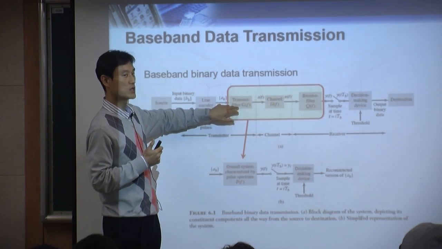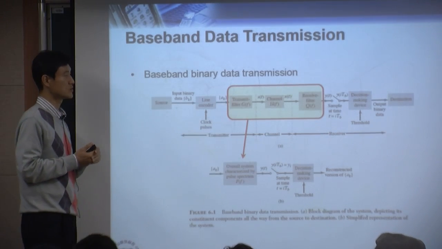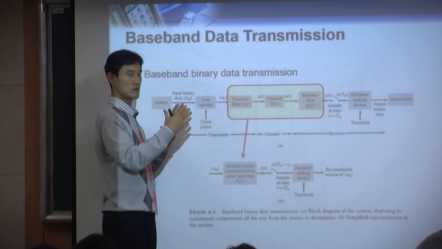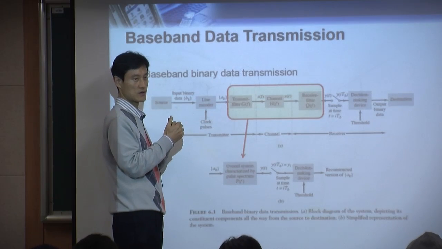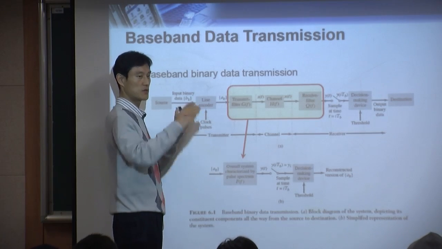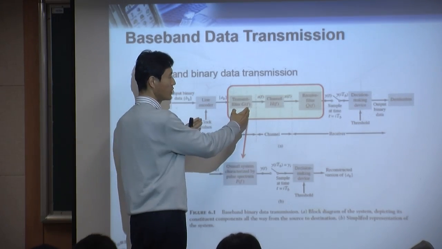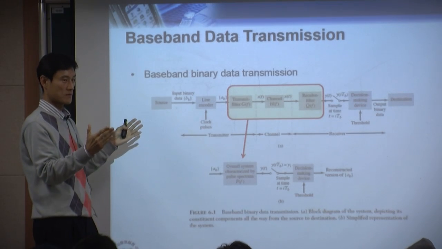So the main reason that we use this transmit filter, and the main reason we use a raised cosine, is that we want to shape the pulse. That's why we call it a pulse shaping filter, right? So you want to shape the pulse, make it round a little bit. So that way eventually we want to make a spectrum.